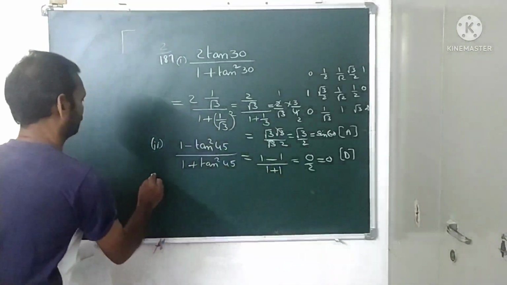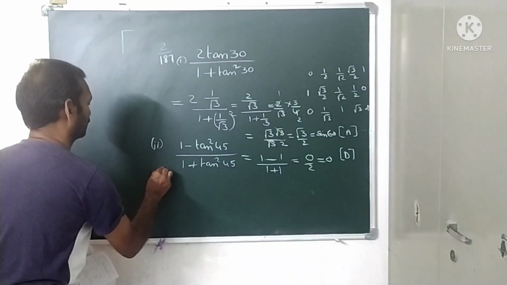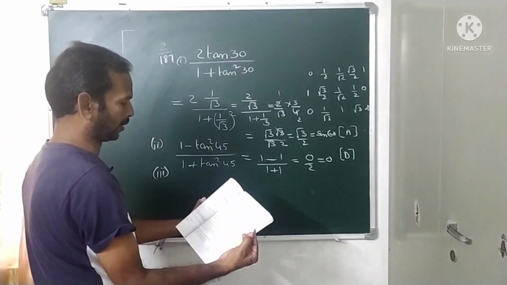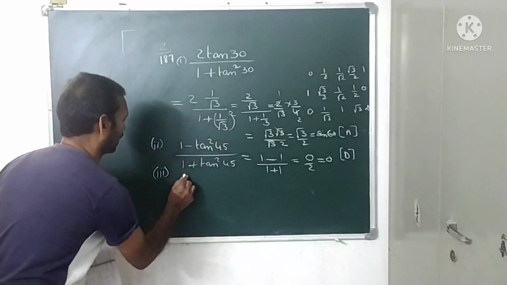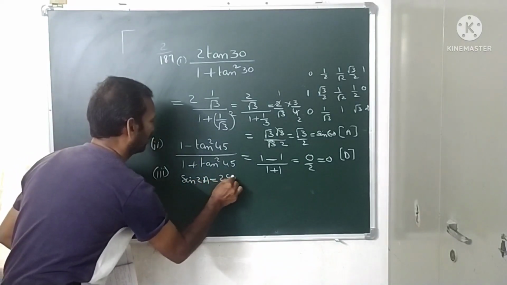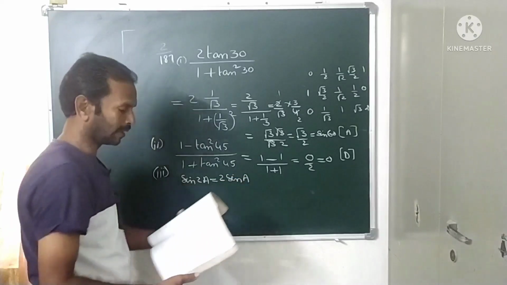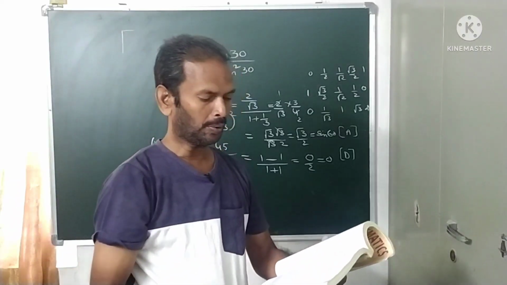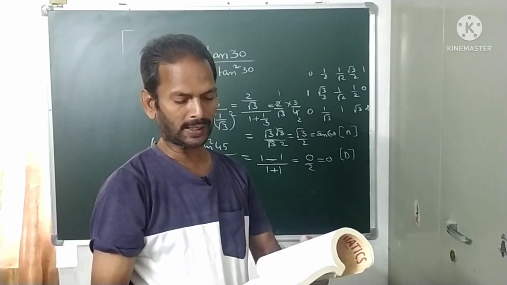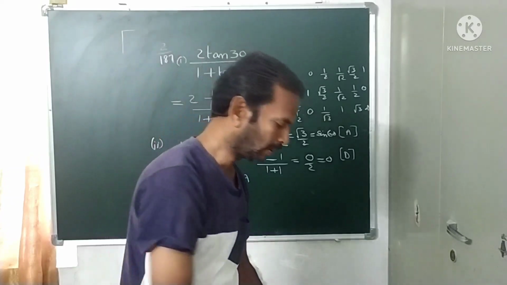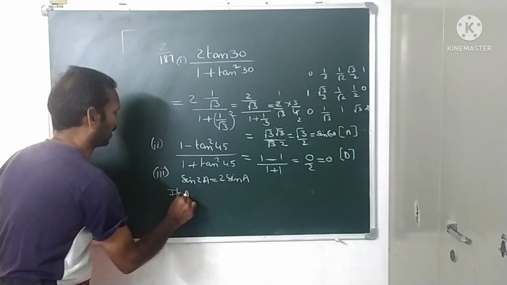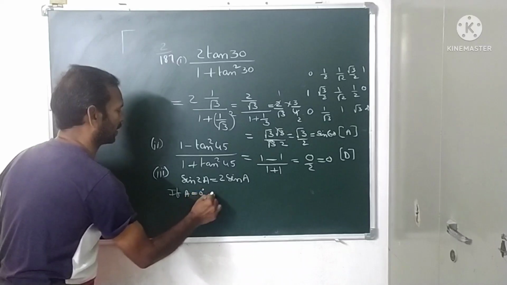Now the third question. Sin 2A is equal to 2 sin A is true when A is equal to. Options given are 0 degrees, 30 degrees, 45 degrees, 60 degrees. We will take the first option. Suppose A is equal to 0 degrees.